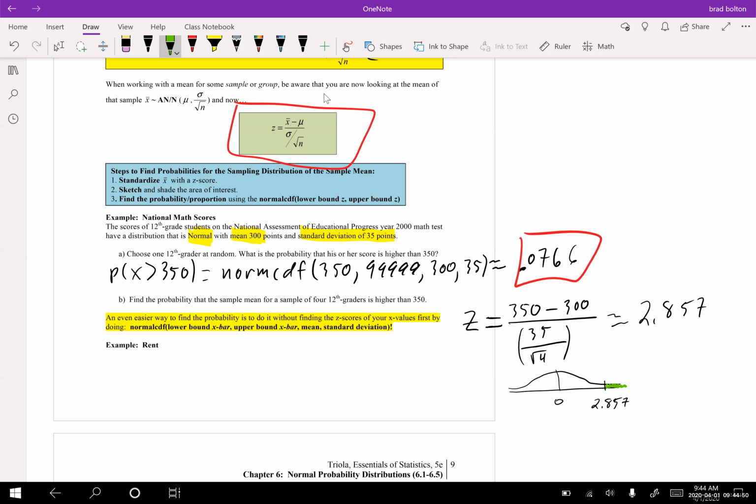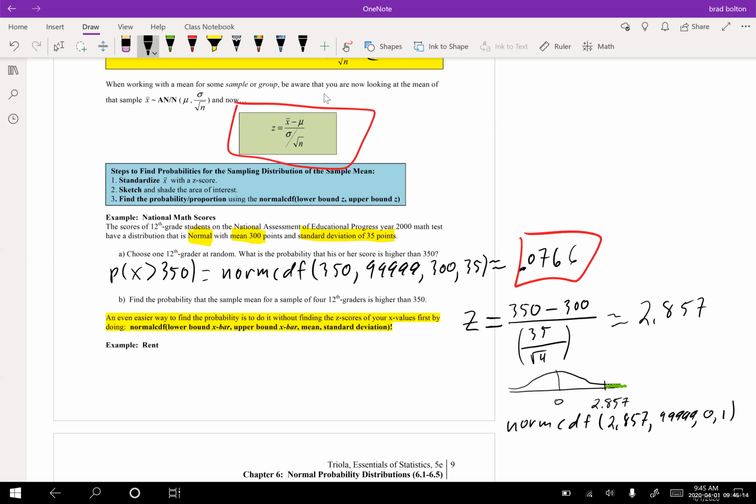So that means I can now do normal CDF with 2.857, comma 99999, comma 0, comma 1. Why am I able to convert everything to 0 and 1 now? Because I found the z-score. So now I'm working in standard normal again.